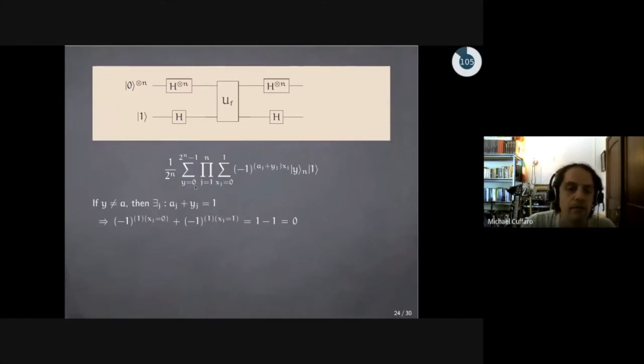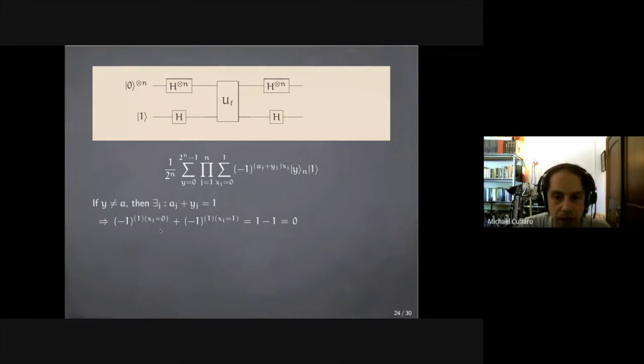there's some j such that a_j plus y_j is equal to 1, because it'll differ in one position, right? The bit strings will differ in one position. So for one position, a bit of y will be 0 and a bit of a will be 1, or vice versa.